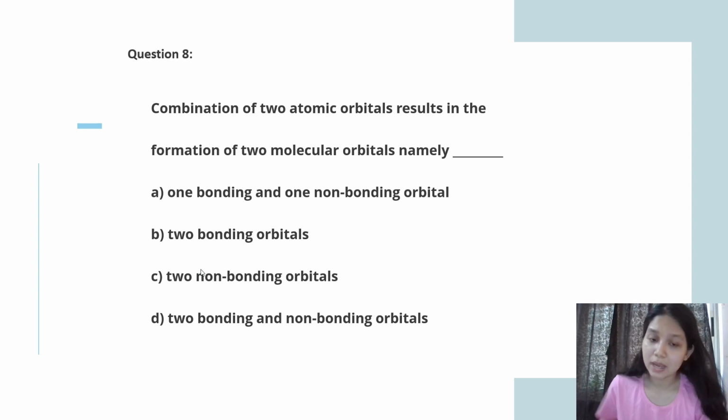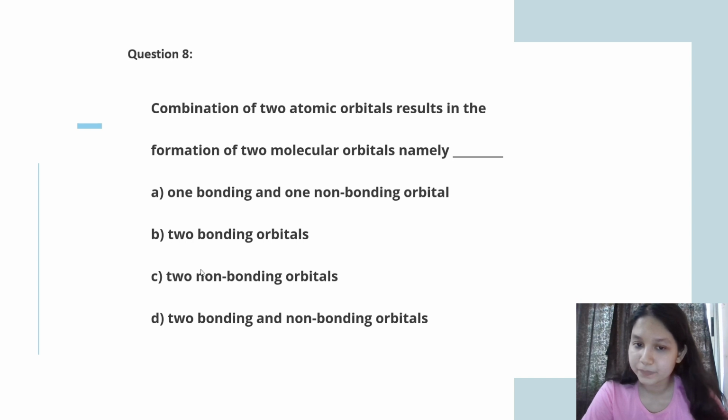Okay, actually, I will definitely clear your doubt. I will study further, and then I will try to solve your query on this question in the next session. Is this okay? Because yes, according to me also, it should be one bonding and one anti-bonding orbital.